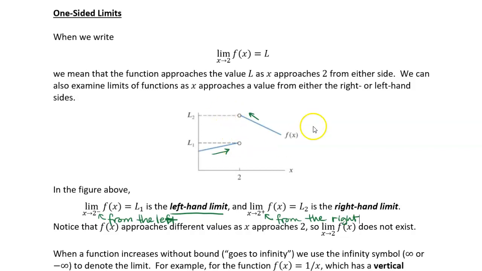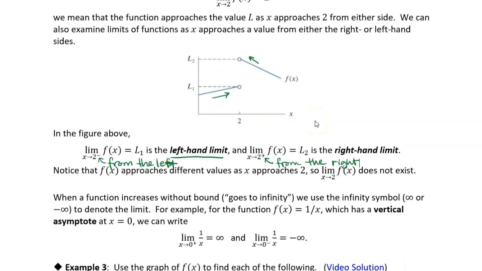We can also use this when we have infinite limits. We've looked at the function 1 over x before, and we know that there's an asymptote at 0, because when x is equal to 0, 1 over 0 is undefined. So we can't go to 0, but we could sneak up on 0 from either the left or the right.